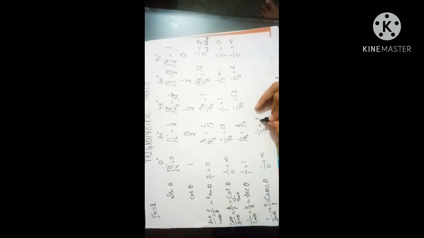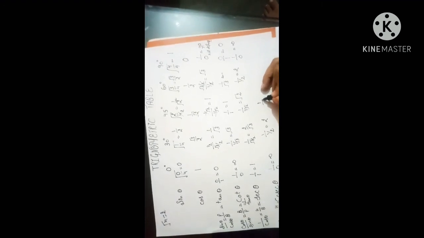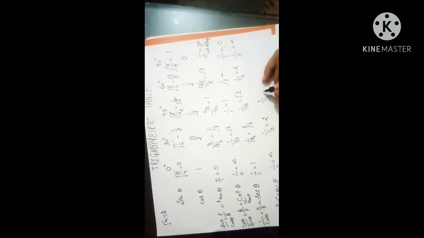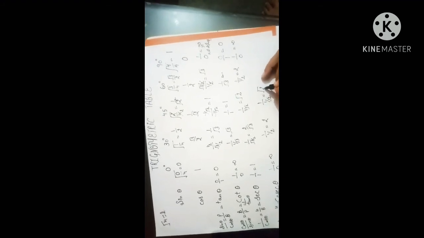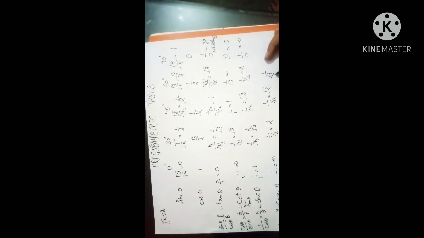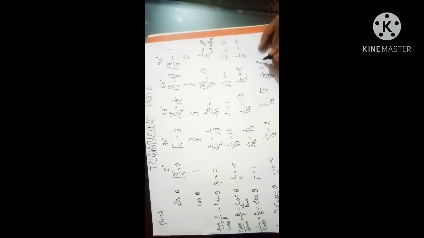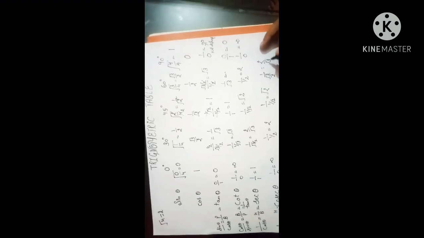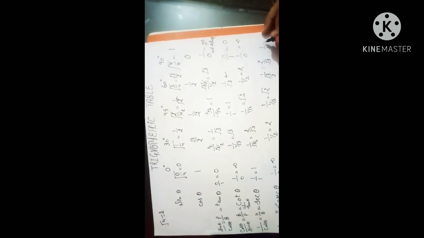Cosecant theta is 1 upon sin theta, meaning the reciprocal of this. 1 upon 0 is infinite. 1 upon 1 upon 2 is 2. 1 upon 1 upon root 2 is root 2. 1 upon root 3 upon 2 is 2 upon root 3. 1 upon 1 is 1.